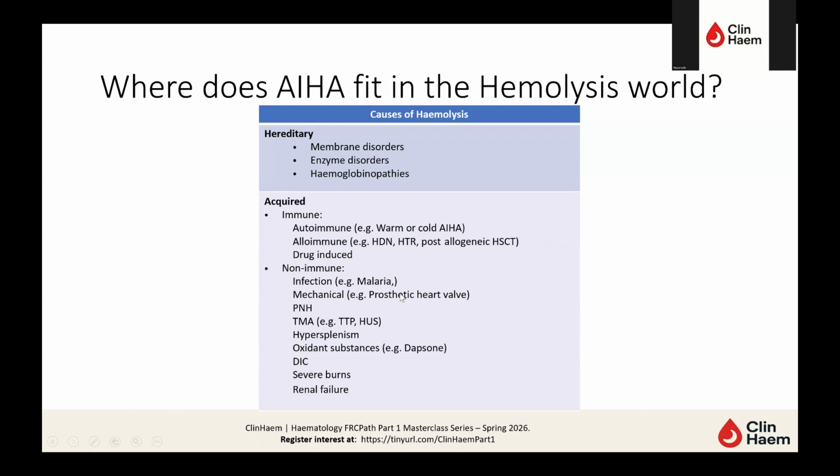I do plan to make a separate video of an interesting case that I will share afterwards, of hemolysis related to something to do with the heart. Okay, so that's the list of causes, and I'm pretty sure you know most of them anyway. But this is quite an easy exam question, differential diagnosis of causes, and quite some easy marks there.